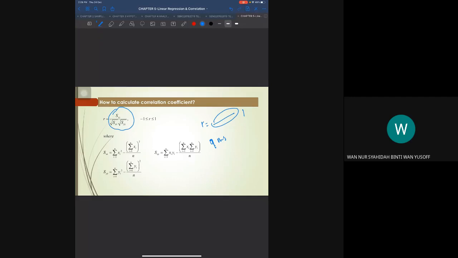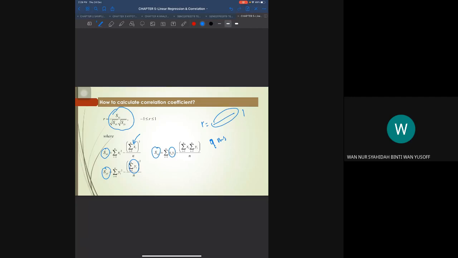So even though you can get the R value directly from your calculator, you still need to calculate manually. So why is it easily affected by the outlier? Because in order to calculate the S here, it involves the summation value of X, summation value of Y, and summation value of XY.